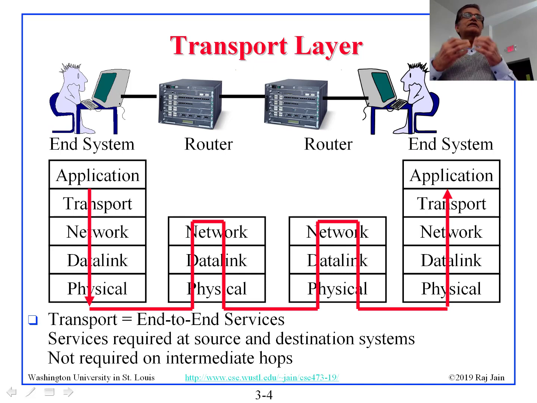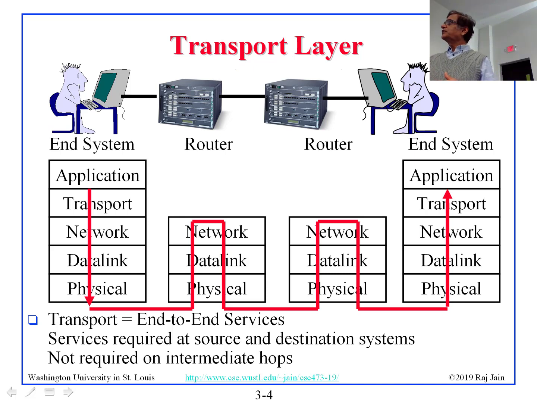The data link looks at the data link header and then decides what to do with it. It takes out the data link header and gives it to the network layer. The network layer takes out the network header. But it doesn't look at the transport, it just looks at the network header and decides, based on the address, where the packet is going, whatever country or whatever address.